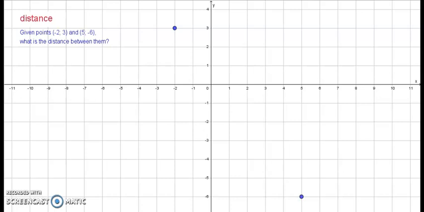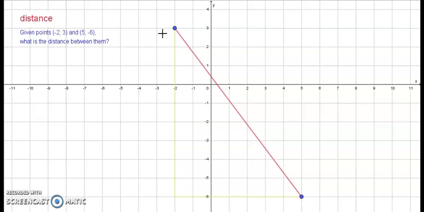So we're trying to find the distance between these 2 points, right? And we know that there is a vertical component to their distance as well as a horizontal component. So my distance is going to be the change in my y squared plus the change in my x squared.